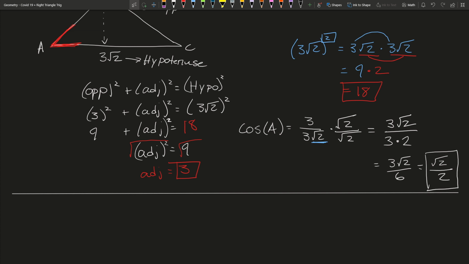That, I think, is saying you multiply 3 times rad 2, which is just 3 rad 2. All right, couple more.